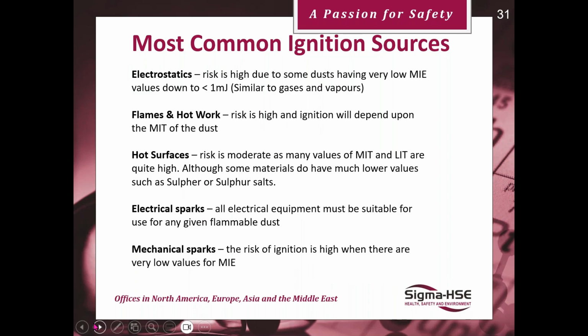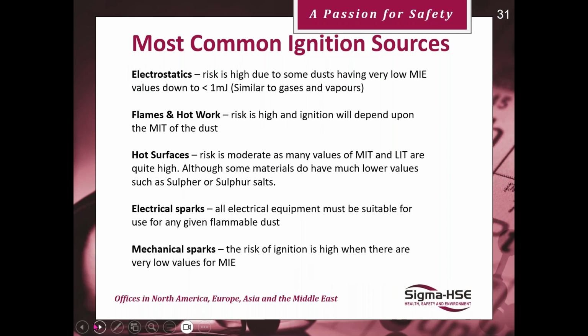Hot surfaces. We've got electrical motors, for instance. You may have bearing surfaces. You may even have the temperature of the outside of the equipment, which may be particularly high. The risk is moderate, as many values of MIT and LIT are quite high, although some materials do have much lower values, such as sulfur or sulfur salts.